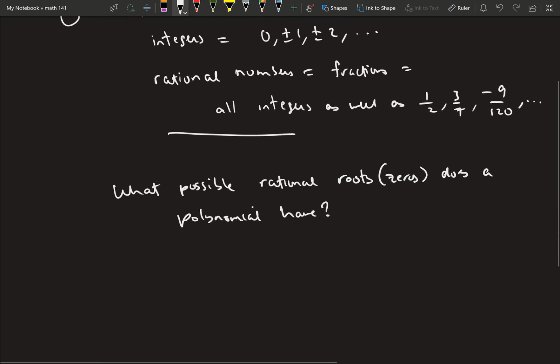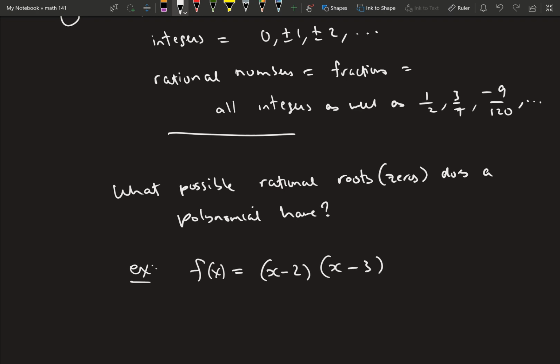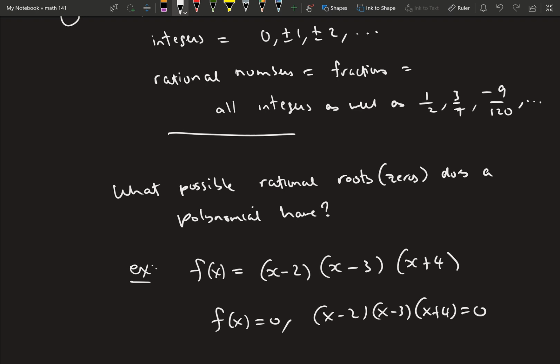And before we answer that question, let's just do an example here. So let's take f of x to be x minus 2 times x minus 3 times x plus 4. So what are the roots of this polynomial? Well, we set f of x equal to 0, which means we have x minus 2 times x minus 3 times x plus 4 being equal to 0.